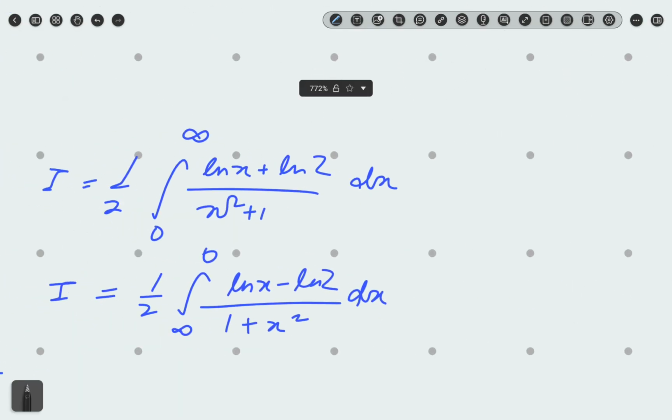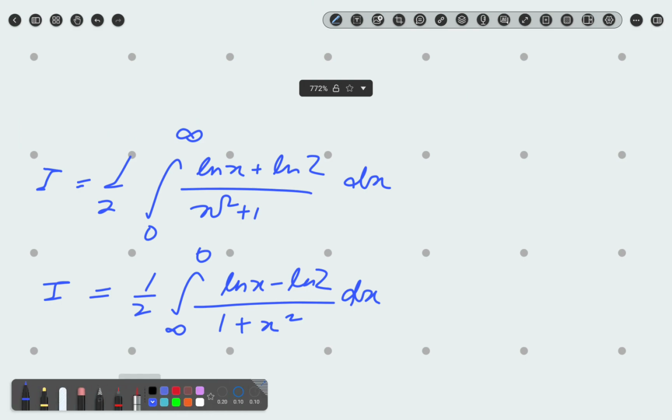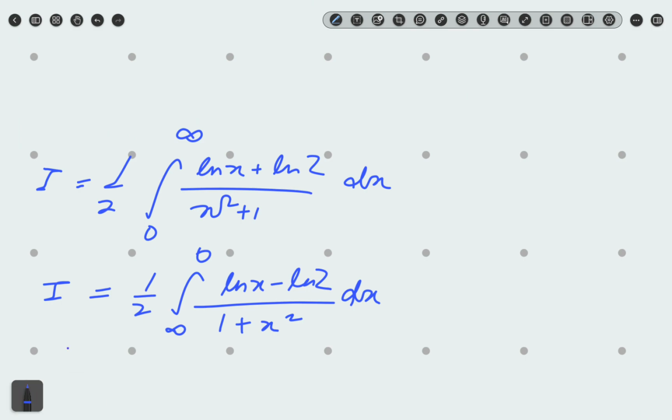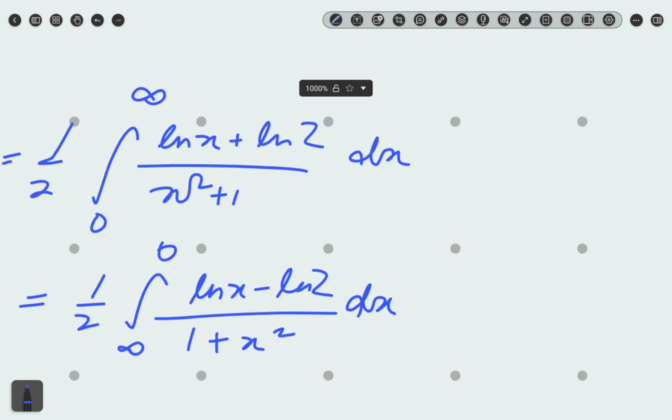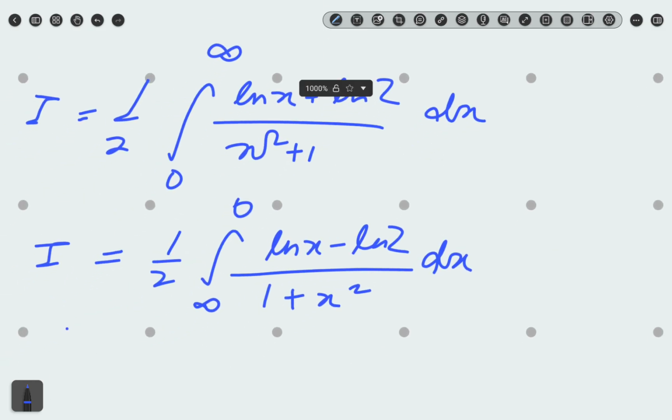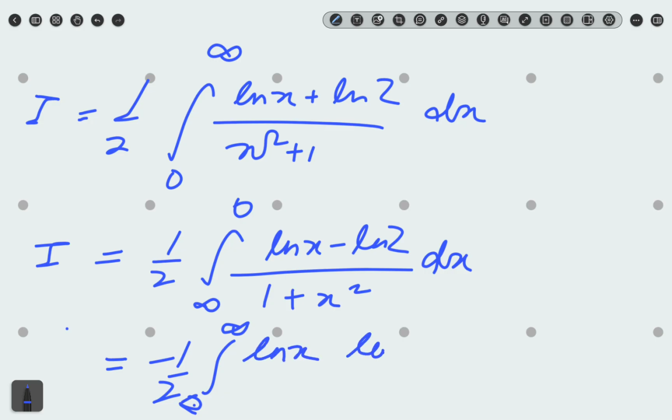So what we have to do now, you can see that if we change the sign of this integral, we have to change the limits of this integral to 0 to infinity, and sorry for the handwriting, this becomes ln x minus ln 2 over 1 plus x squared dx, right?